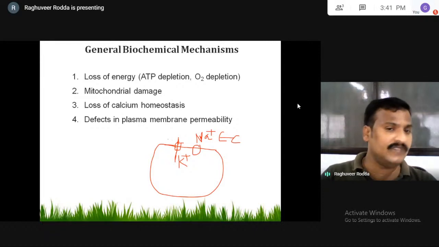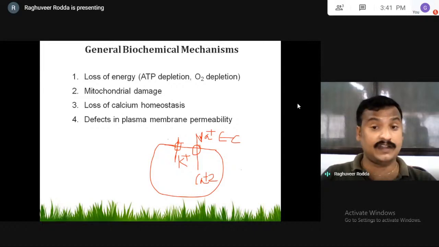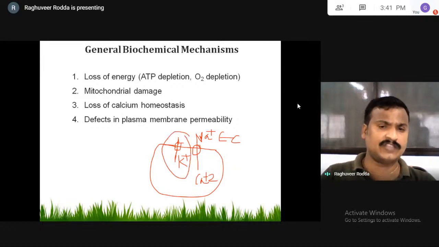Apart from this, there is one more ion channel protein, which is involved in the transportation of extracellular calcium into intracellular regions. Both are operated by ATP, especially the sodium potassium pump.